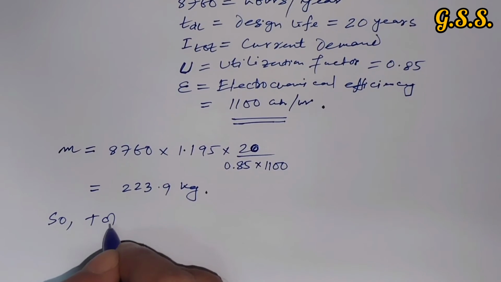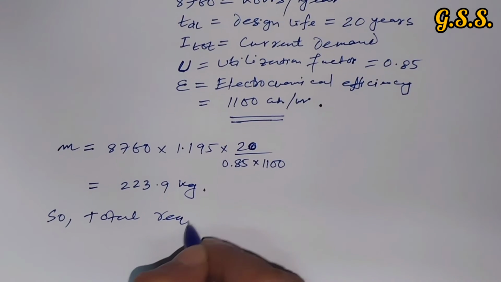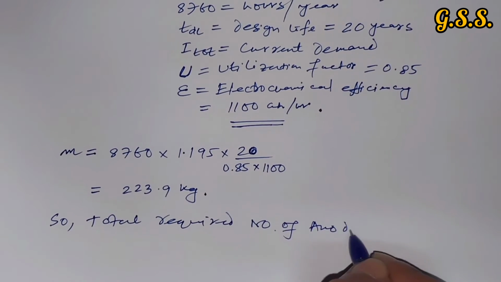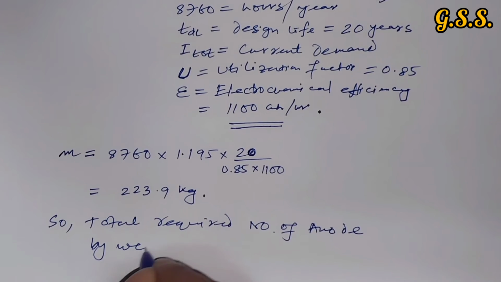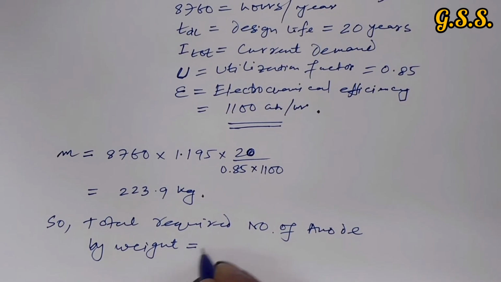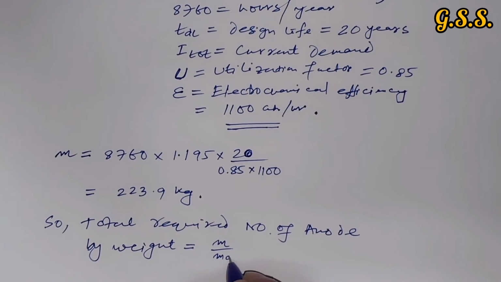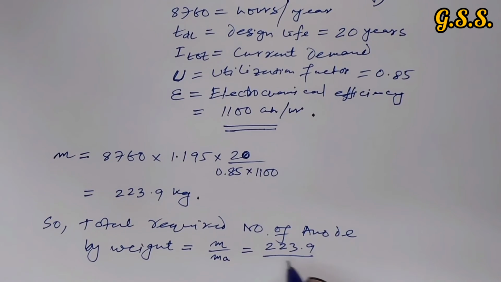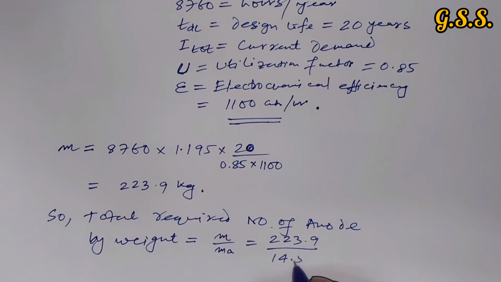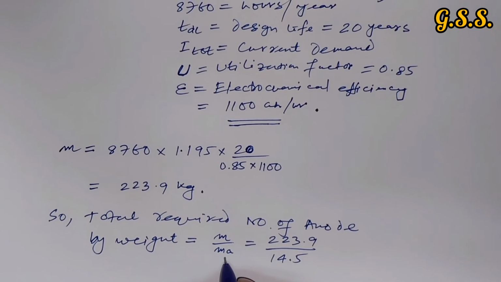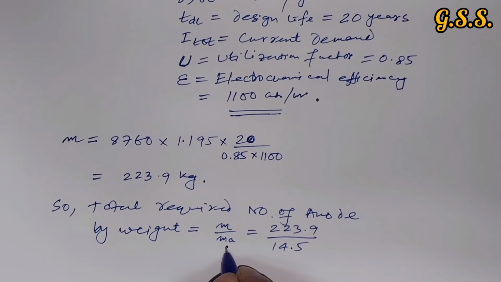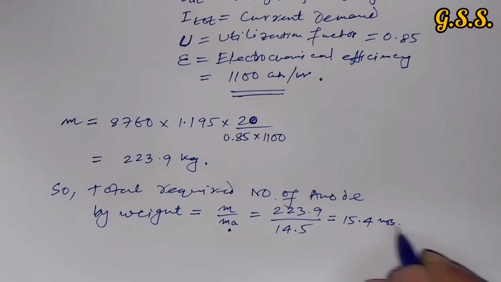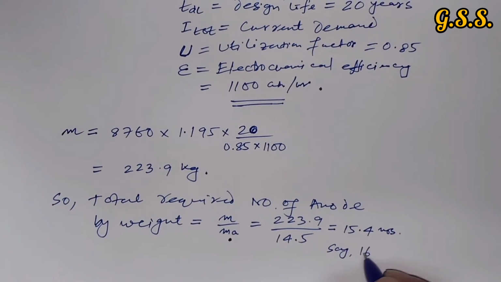So the total required number of anodes by weight equals M divided by MA, equals 223.9 divided by 14.5. This MA is the weight of each anode, 14.5 kg. That equals 15.4 numbers, say 16 numbers.